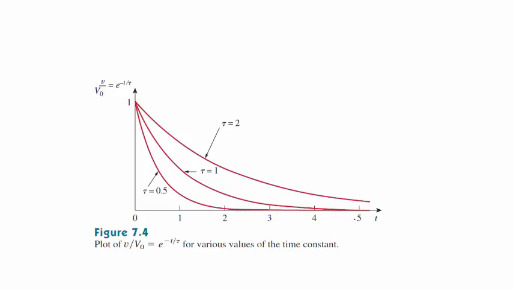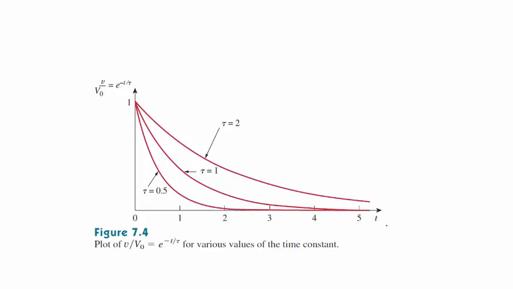And the reason people like to say 5 time constants is because it relates to how much has decayed in 5 time constants. Is the circuit essentially all decayed by then? Or when we apply our forcing functions later, turning on a DC independent source, what happens after 5 time constants? Obviously this goes out to infinity, but when do you consider the circuit essentially fully charged up or essentially fully discharged?